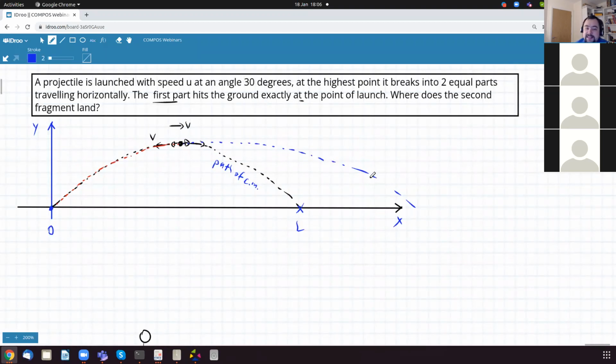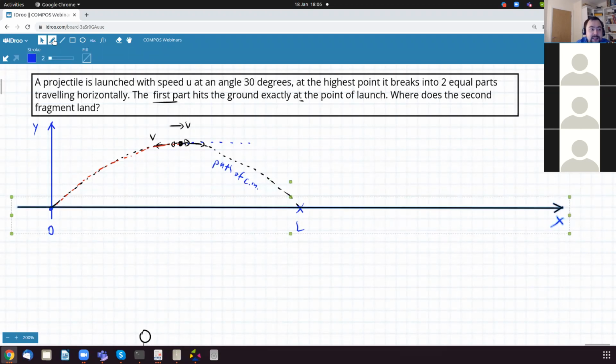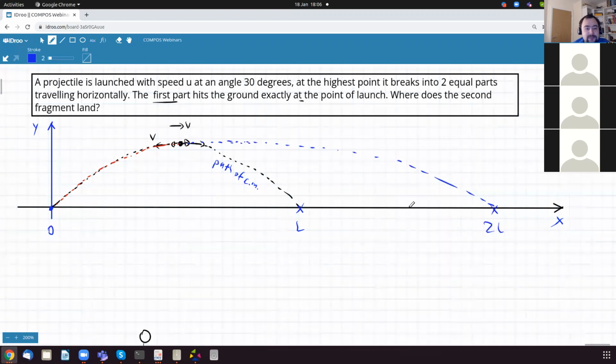If the center of mass is at L, where will the second part land? Can somebody help me? 2L, of course. So the second part will travel a distance of 2L. All right. So all we need is to find L.